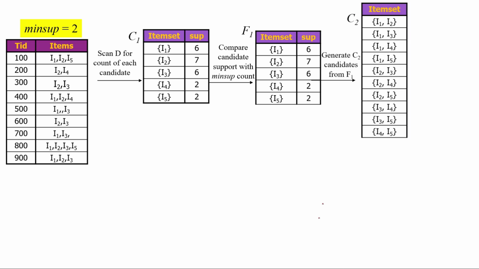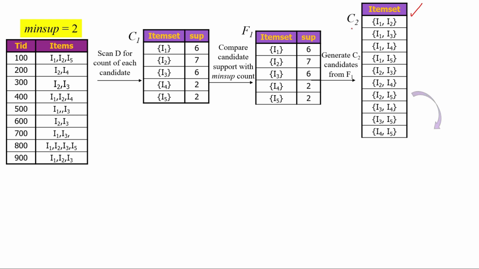From these frequent 1-item sets, we generate candidate item sets of length 2 as I1, I2; I1, I3; I1, I4; I1, I5. Similarly for I2, I3; I2, I4; I2, I5; and similarly for I3, I4; I3, I5; and I4, I5. These are candidate item sets of length 2.